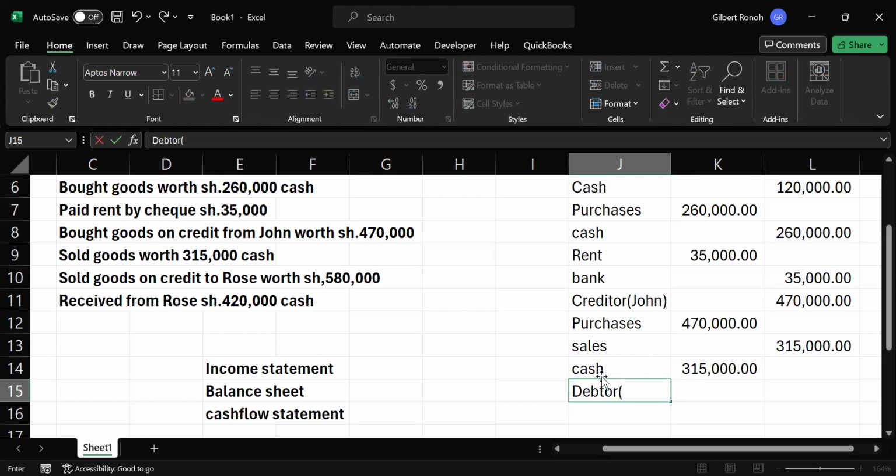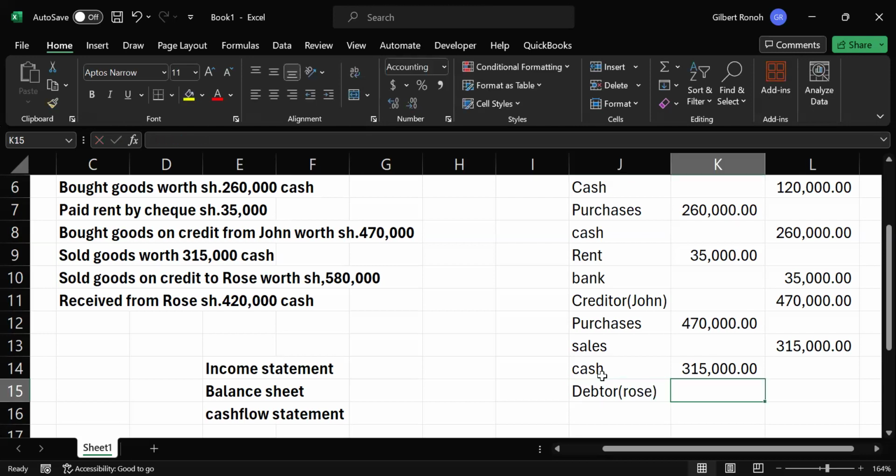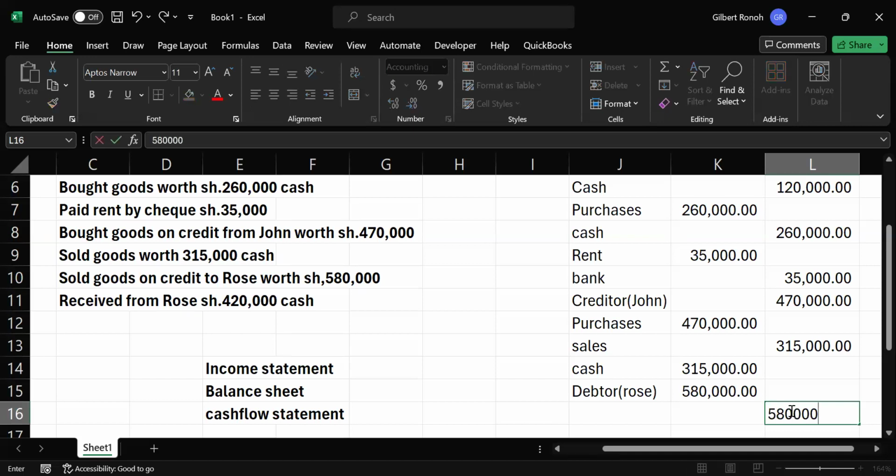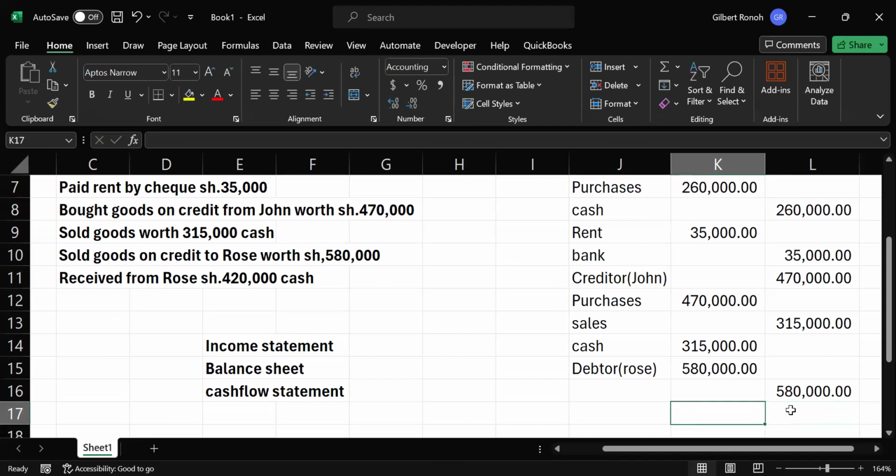So it's called Rose. So we debit that amount, 580. It is an asset. These are current assets. So whenever there is an increase in assets, you debit. So this is an asset account. We debit that 580. And then we credit which account? We credit the sales account.